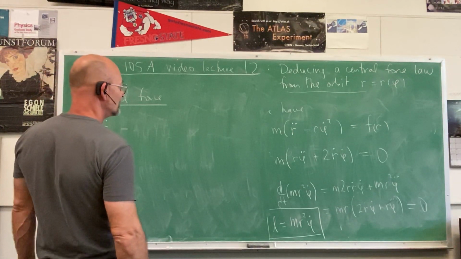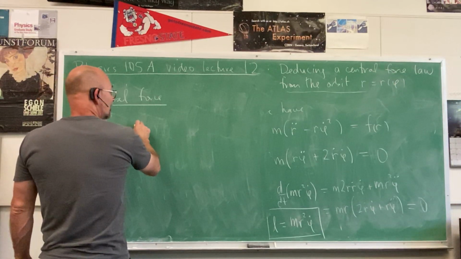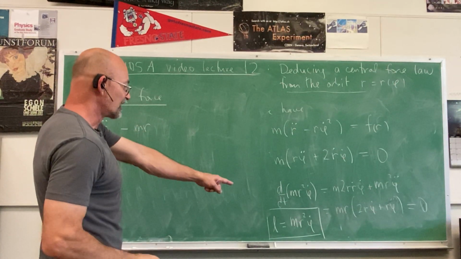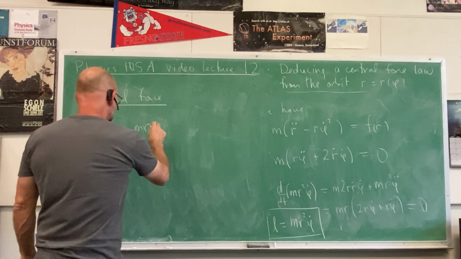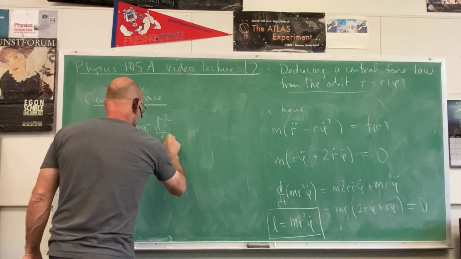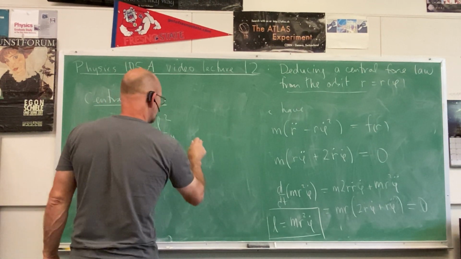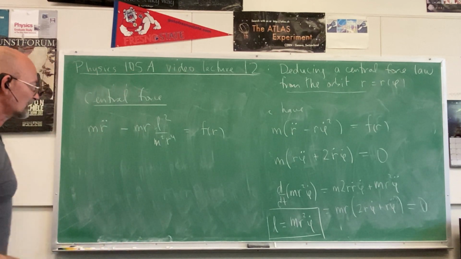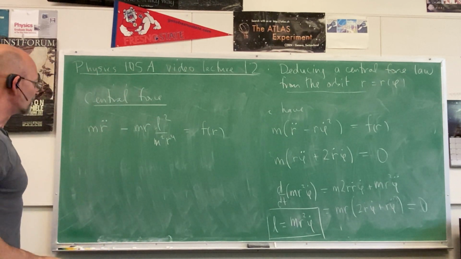Okay. So minus m r, and that phi dot squared is L squared over m squared r fourth, is equal to F of R. So this is what we're going to be working with.